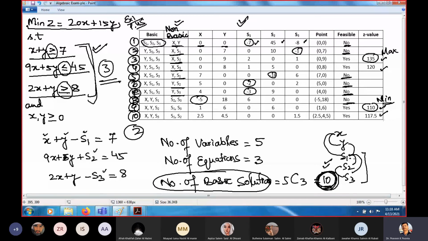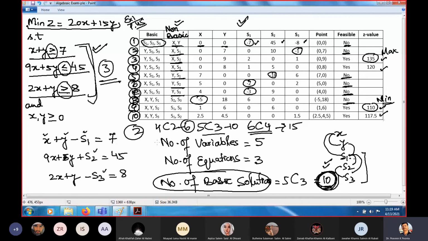If 2 constraints, it will be 4C2. If 3 constraints, it will be 5C3. If 4 constraints, it will be 6C4. The answer will be 15. Here the answer is 10. Here the answer is 6.